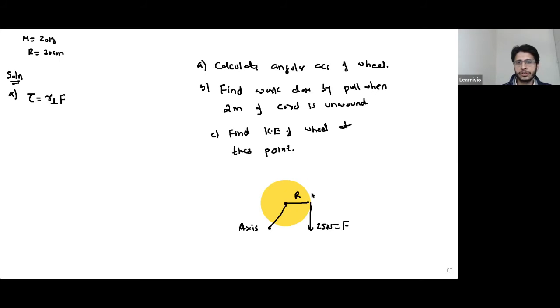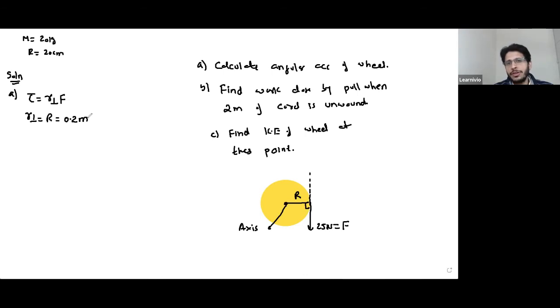So this is your force, this is the line of action of force, and this is your axis of rotation. The perpendicular distance between the axis of rotation and the line of action of force is capital R, which is 0.2 meter.